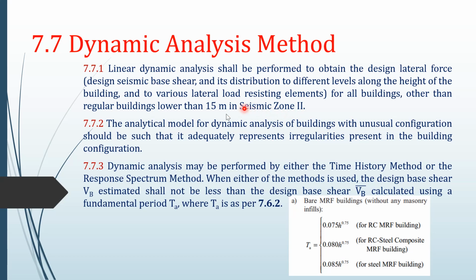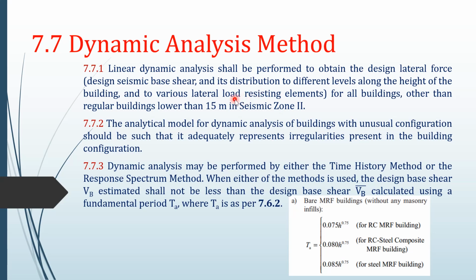That means, if the total height of our building is less than 15 meter and our building lies either in seismic zone 2 or in seismic zones with a lower hazard level than zone 2, then linear static method or equivalent lateral force procedure suffices.